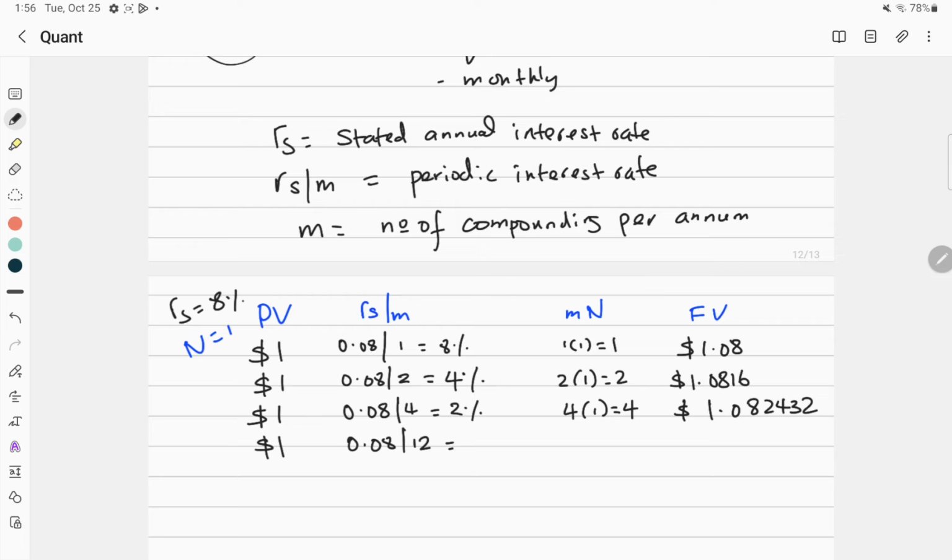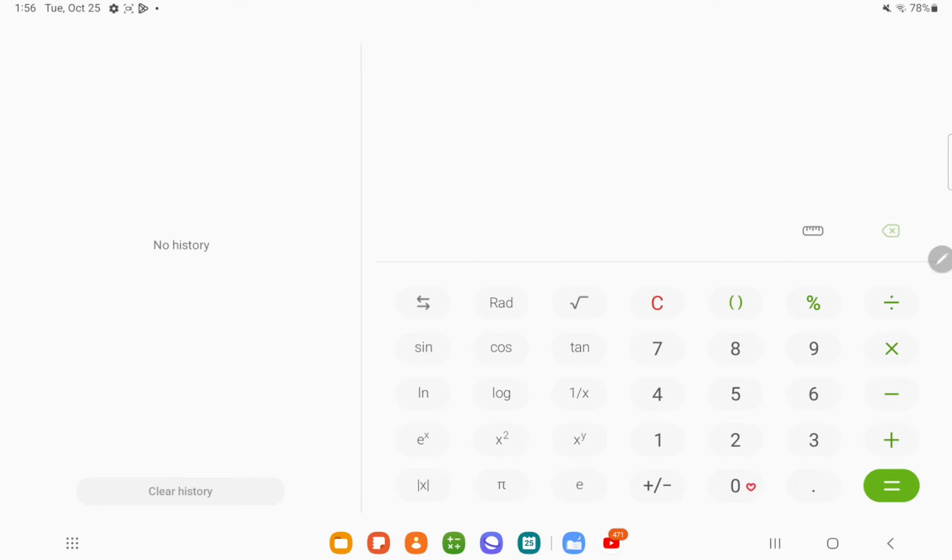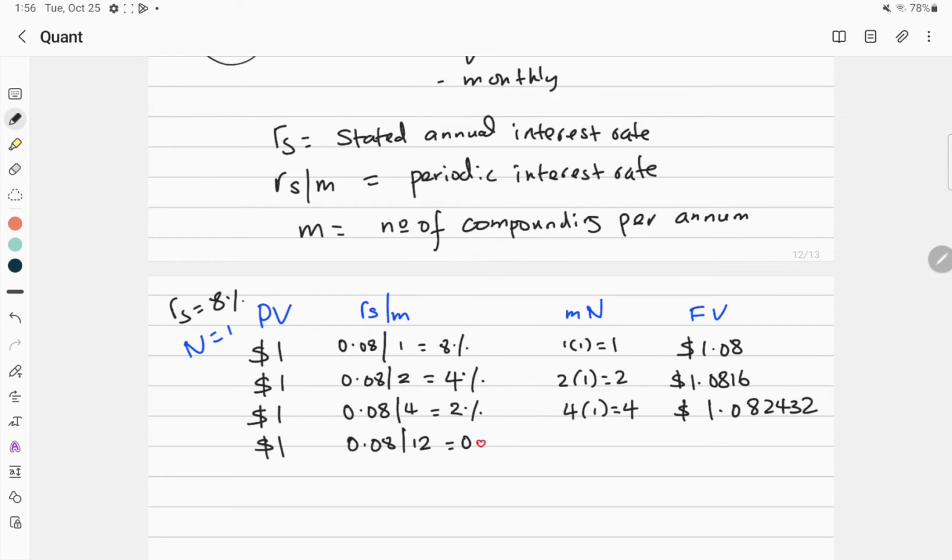0.08 divided by 12. That gives me 0.006666, which is about 0.67%.